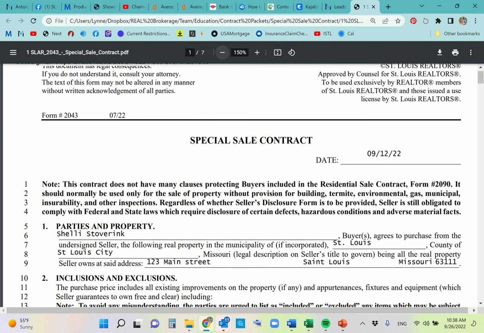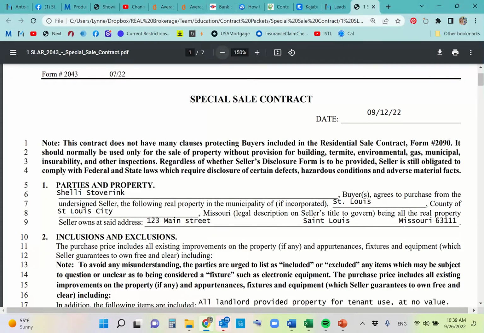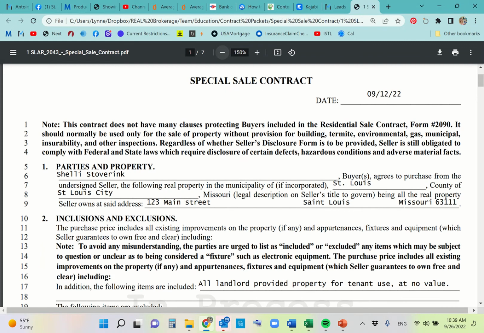These forms can be found on any of your Missouri resources. These are St. Louis Association of Realtors forms, so you can find them through the Association of Realtors, whether it's through zipForms or DocuSign or SkySlope. We've got those documents everywhere.